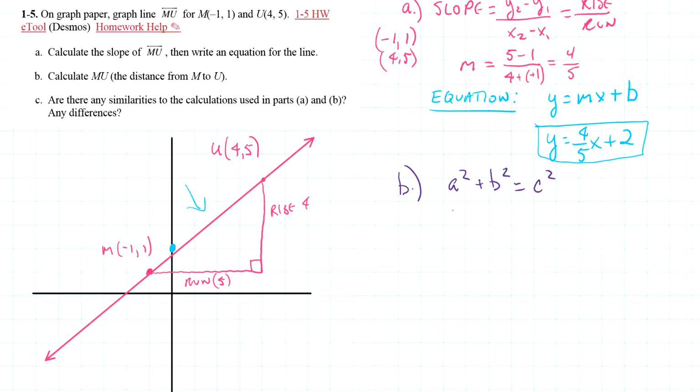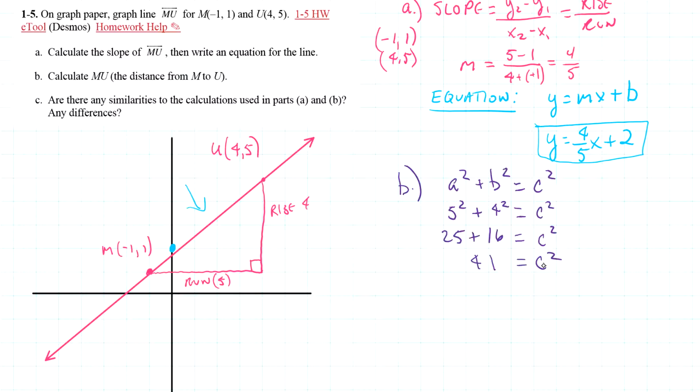We get 5 squared plus 4 squared equals c squared, so 25 plus 16 equals c squared. So this ends up being 41 equals c squared.